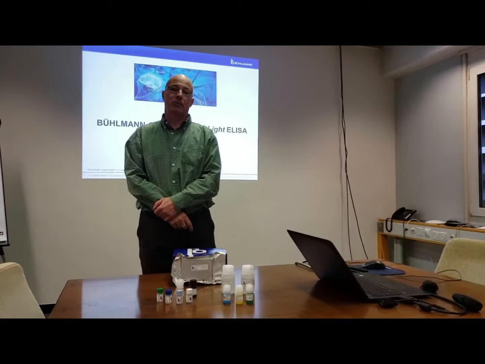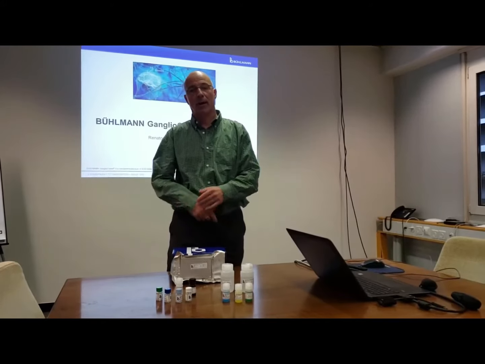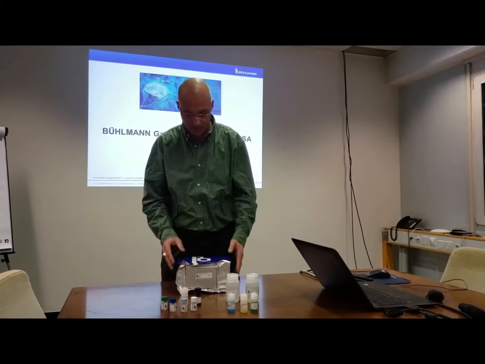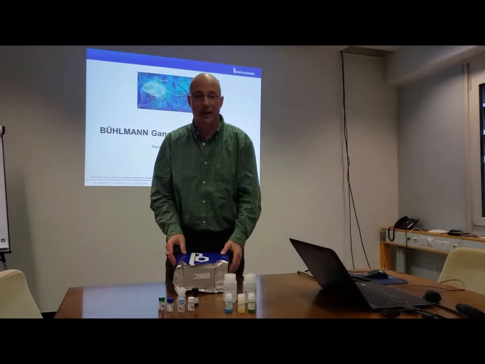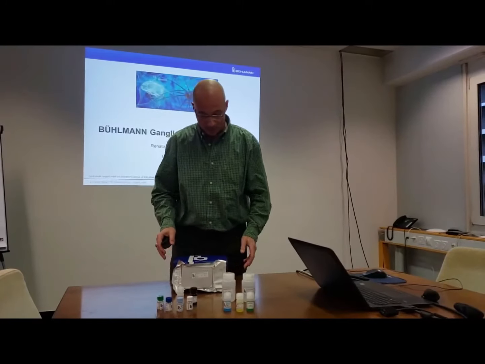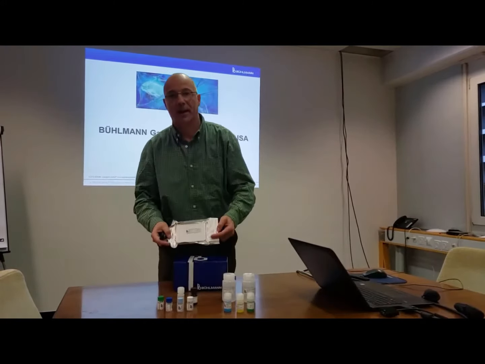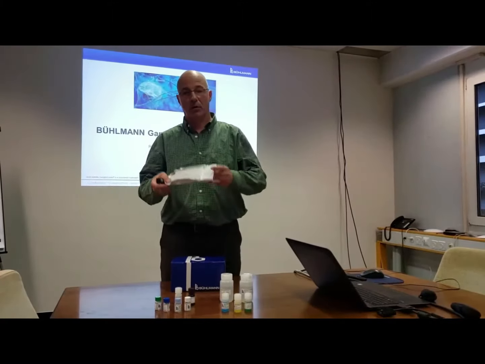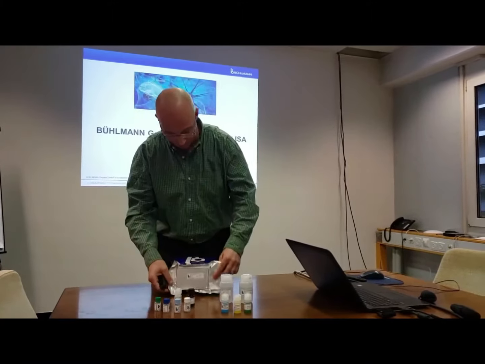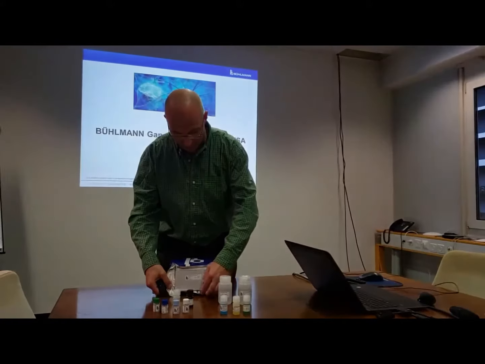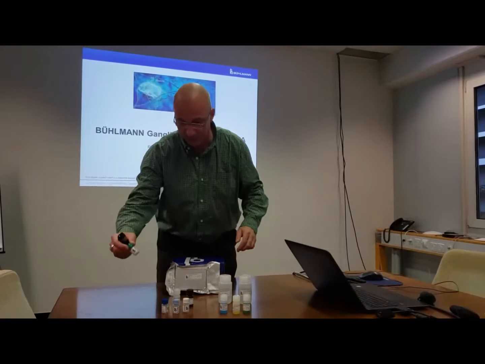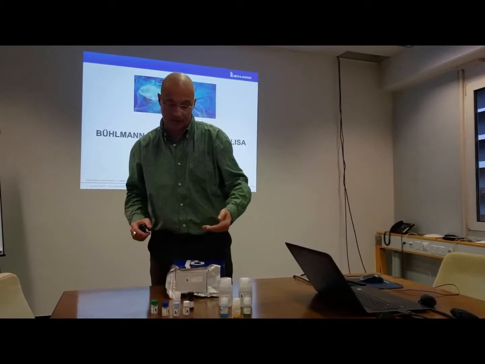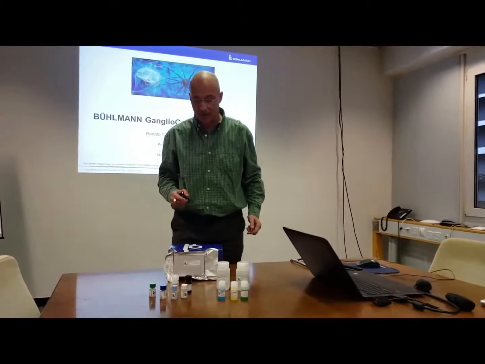Today I would like to present to you just one of the series of the products, namely the Bühlmann GanglioCombi Light ELISA. Now, Bühlmann GanglioCombi Light ELISA comes with all the reagents and the pre-coated microtiter plate. There is a calibrator and a set of 3 controls of 3 different titer levels.